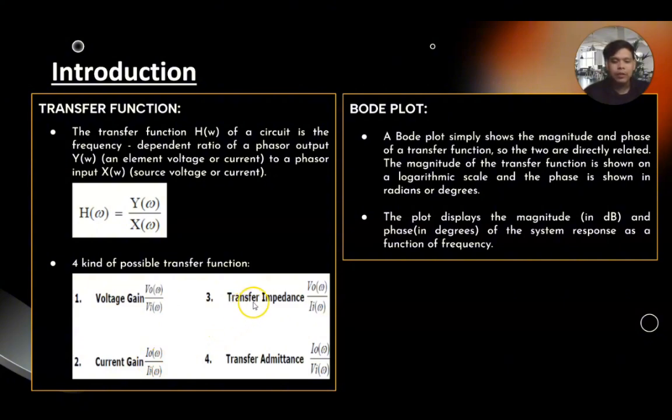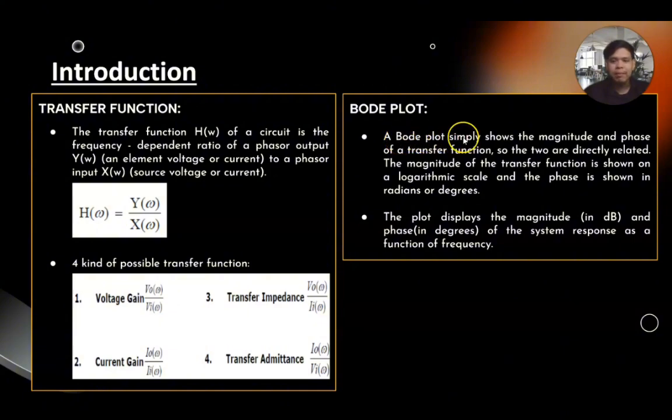For the transfer impedance, it is voltage output omega divided by current input omega. And lastly, for the transfer admittance, it is current output omega divided by voltage input omega.